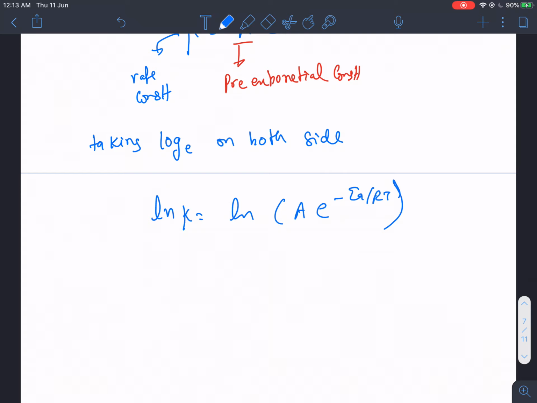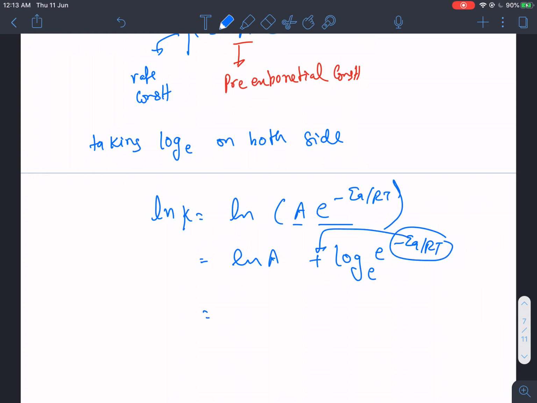Now let's expand this. This will be ln A, and plus log to the base e to the power minus EA by RT. So as you know, this is a power, so it will come down here. So this will be ln A minus EA upon RT.